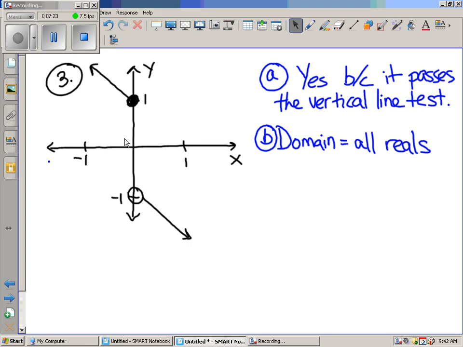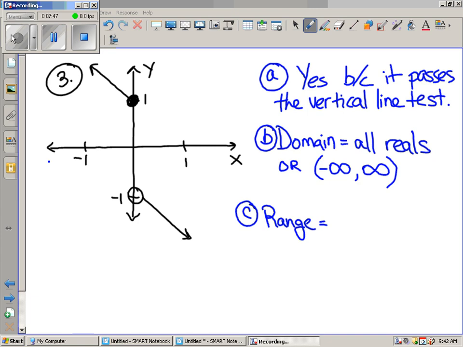You'd think you got stuck right here at 0, but the empty hole over here is filled in by the solid one. So you can actually keep going as you sweep your hand through, and the graph never ends. So the domain is all the real numbers. Another way of saying that is that it goes from negative infinity to infinity.